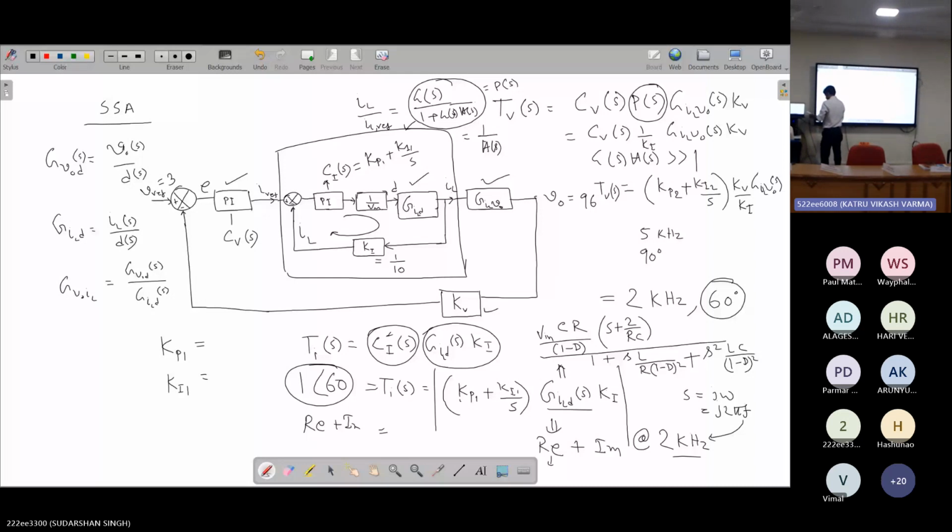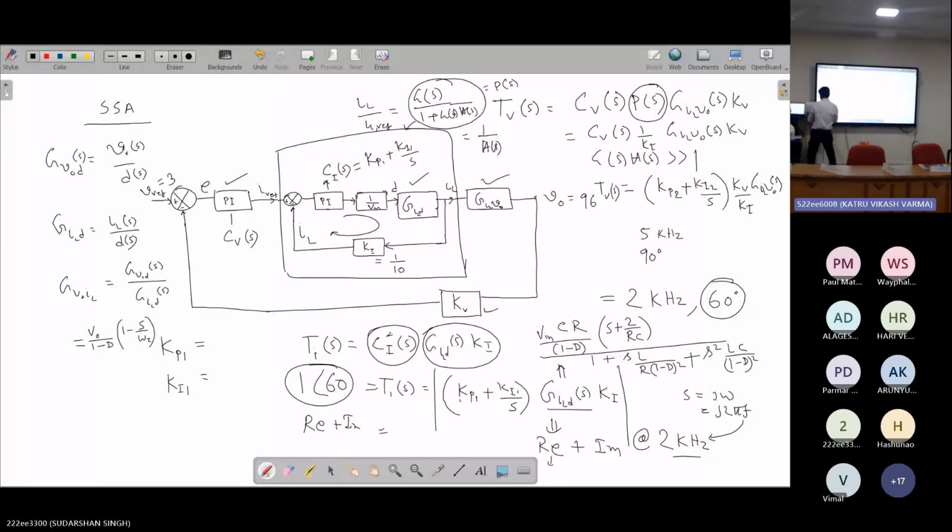So this will be like V0 by 1 minus D into 1 minus s by omega Z, where omega Z depends on L, R, and D dash.